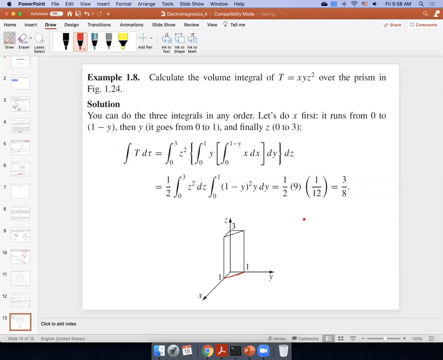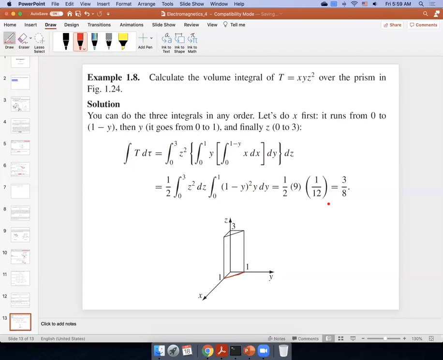It's 1 subtracted by y for the x boundary. And then for y, it's from 0 to 1. For z, it's from 0 to 3. And then you just do it step by step. Then you can get the final answer, which is shown here.